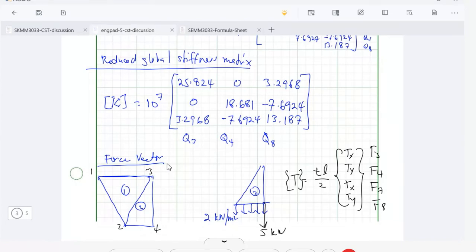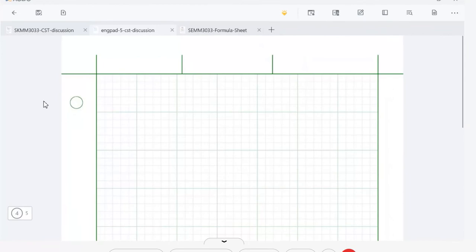Furthermore, note that there's no load in the X direction for F3. X direction at node number 4 is also not there. It's just only vertical load. So when I substitute this value, my T is equal to tL over 2, my thickness is 20 times 10 to the minus 3, my length is 0.5 meters, divided by 2.